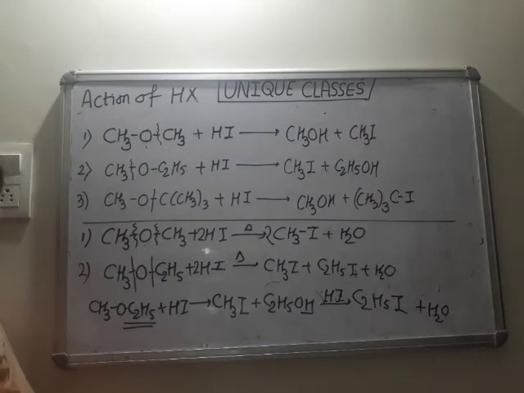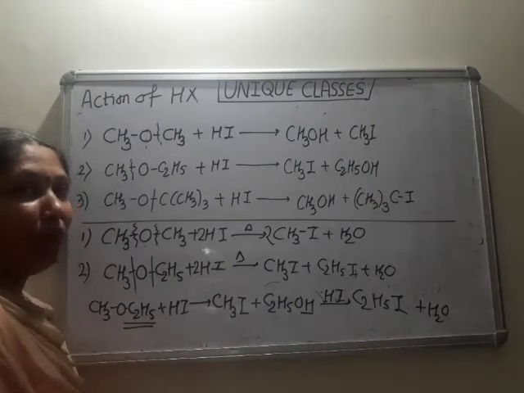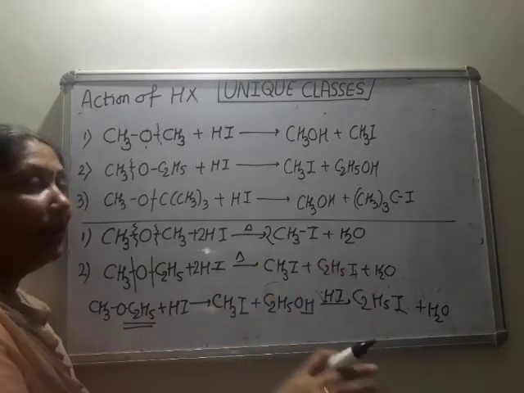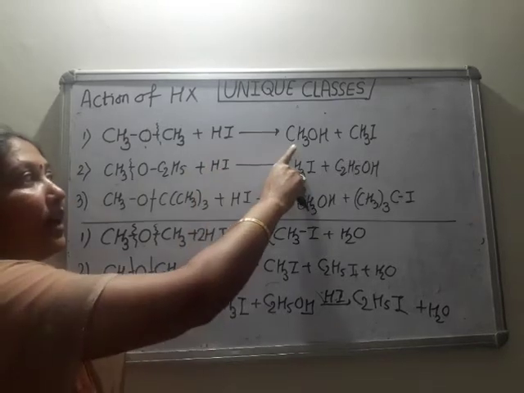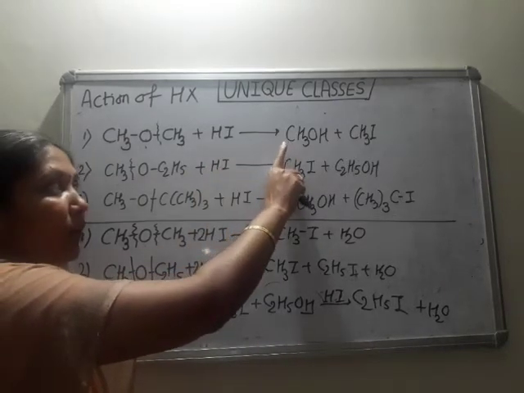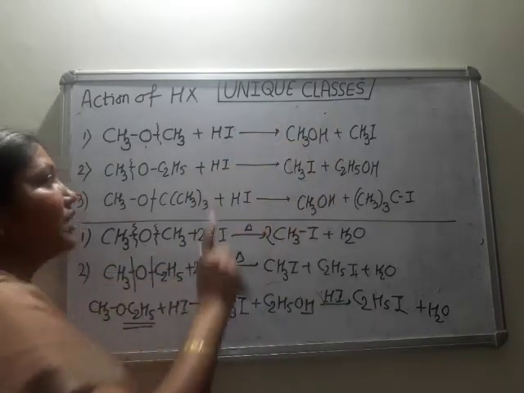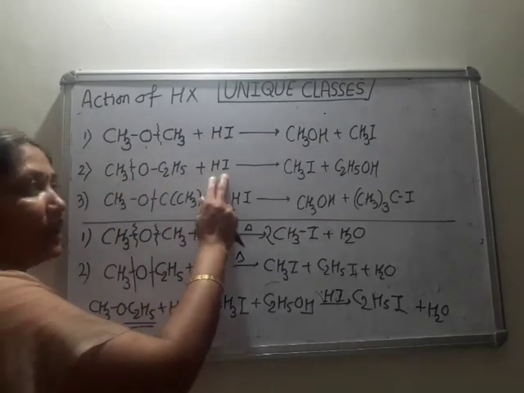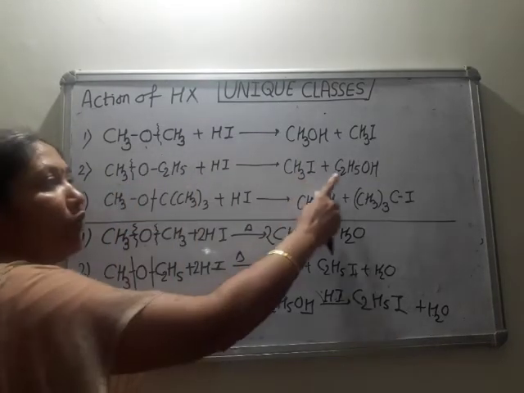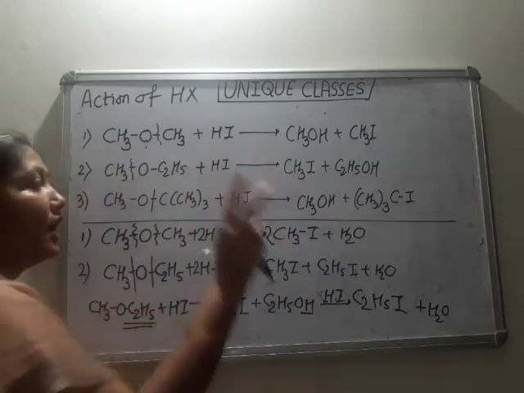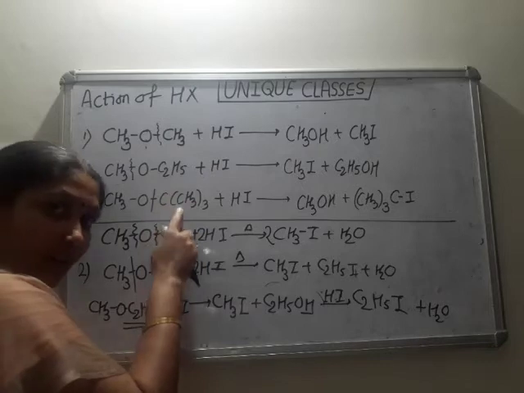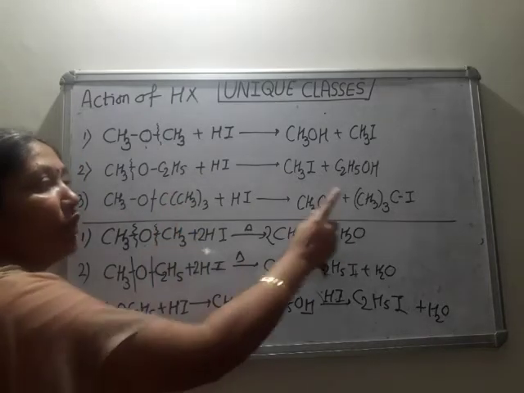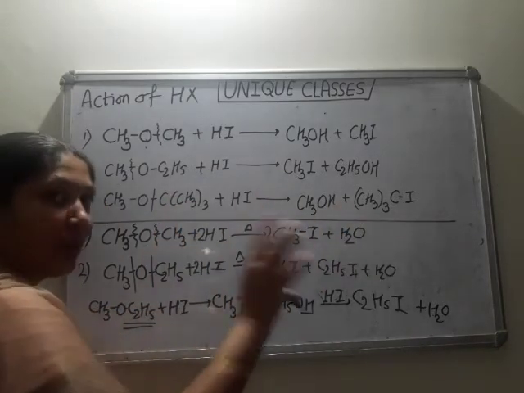Is this clear? Okay. Now, what is the mechanism of the reaction? In short, I'll tell. Symmetrical ether plus cold HI: one alkyl group forms alcohol, the other forms iodide. Mixed ether plus HI: the larger group forms alcohol, the smaller group forms iodide. Mixed ether having one group as tertiary: the tertiary group forms iodide, the other group forms alcohol.